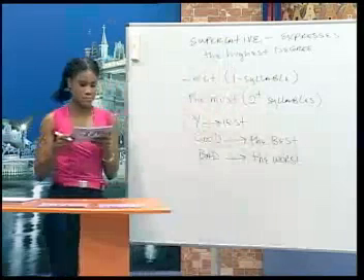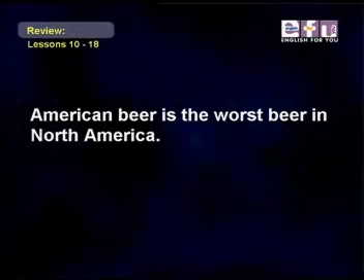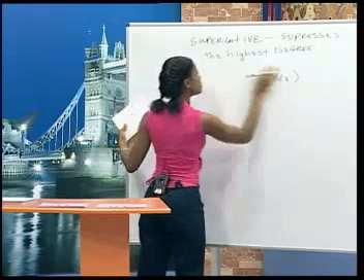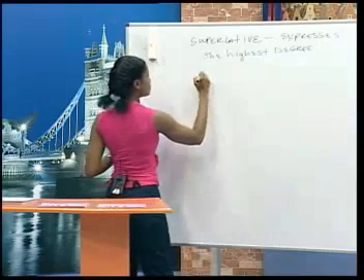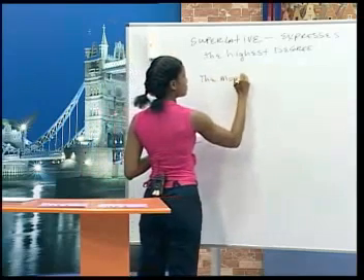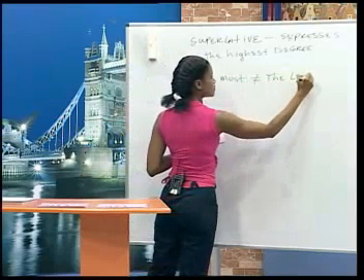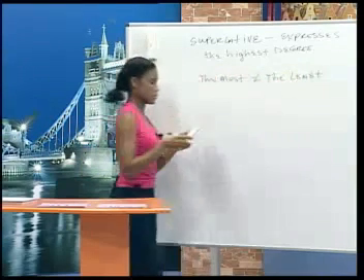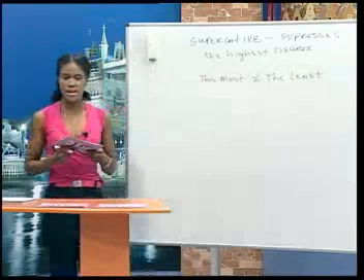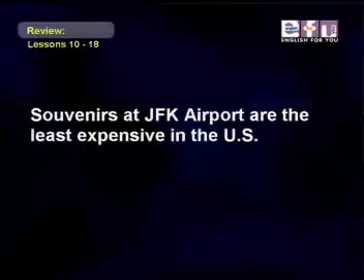For example, American beer is the worst beer in North America. Okay, now the opposite of the most is the least. Also a superlative. So we can say, for example, souvenirs at JFK Airport are the least expensive in the U.S.